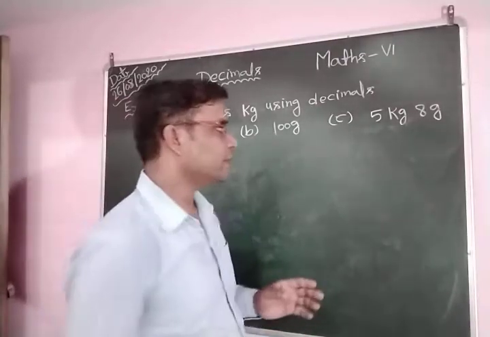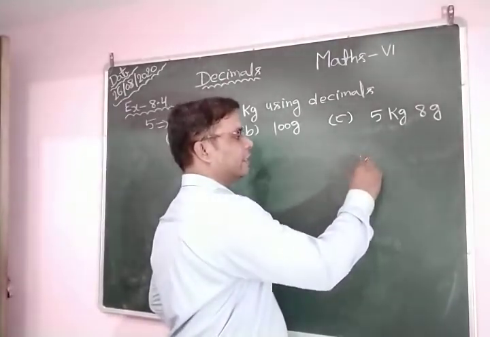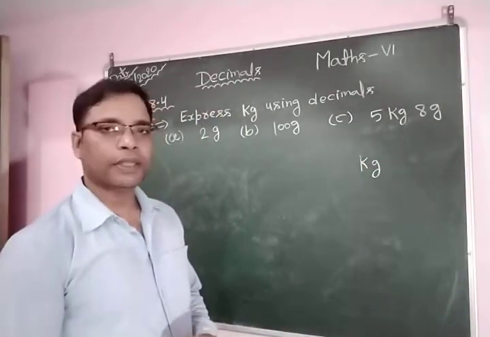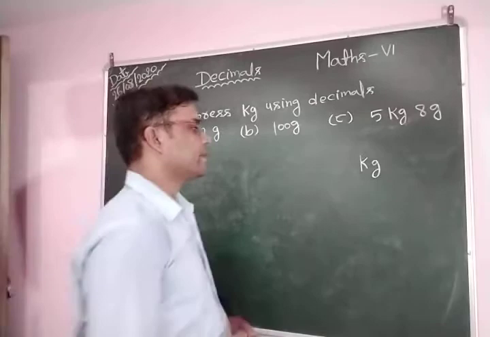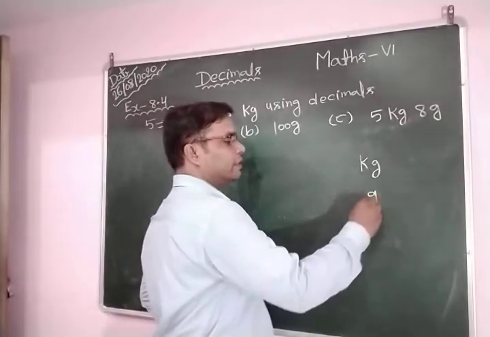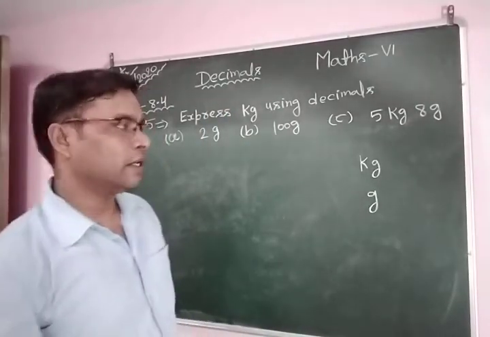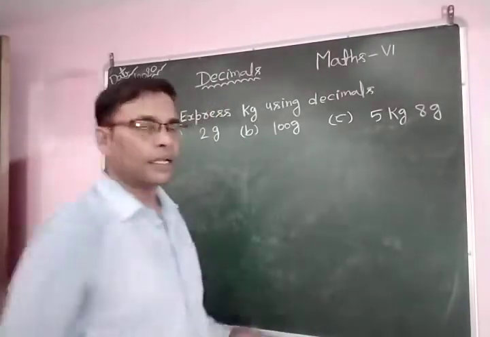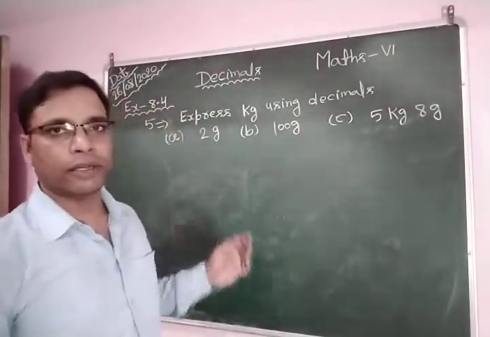Kilograms we denote as kg, which is the short form, and grams we denote only as g. We need to convert 2 grams into kilograms.